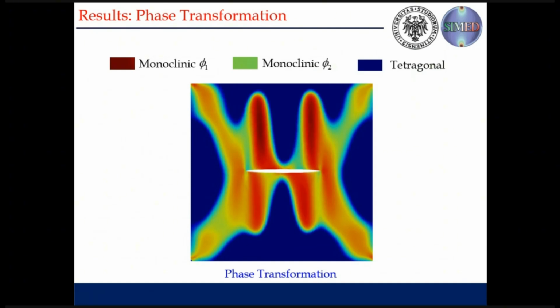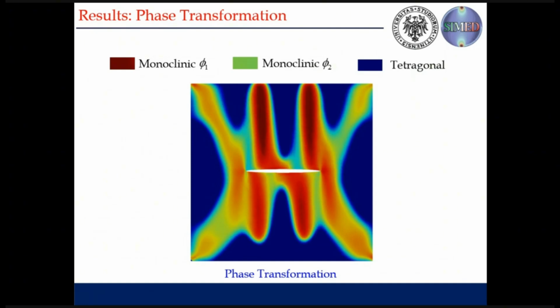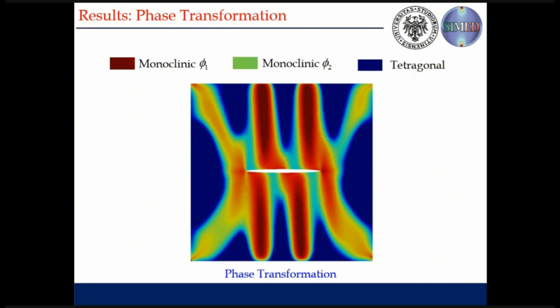Here this dark red color is showing the first invariant of the monoclinic, and the green one is showing the second one, and in between is showing the space which is still in transformation.